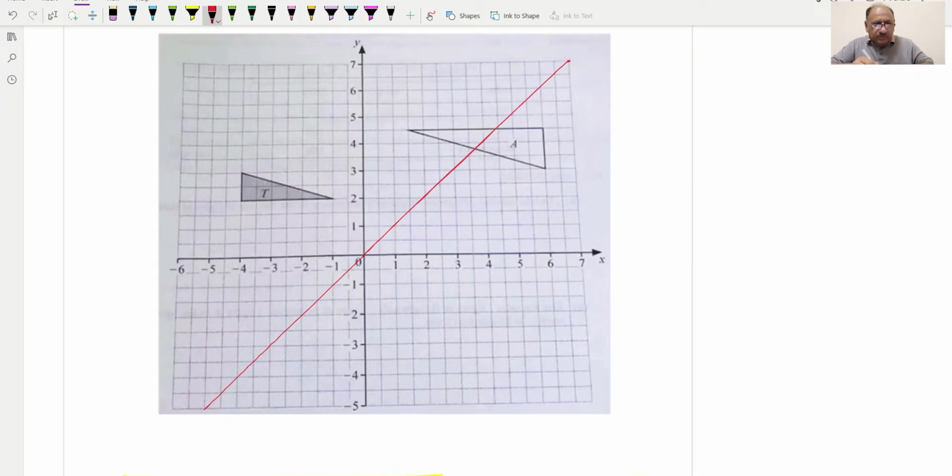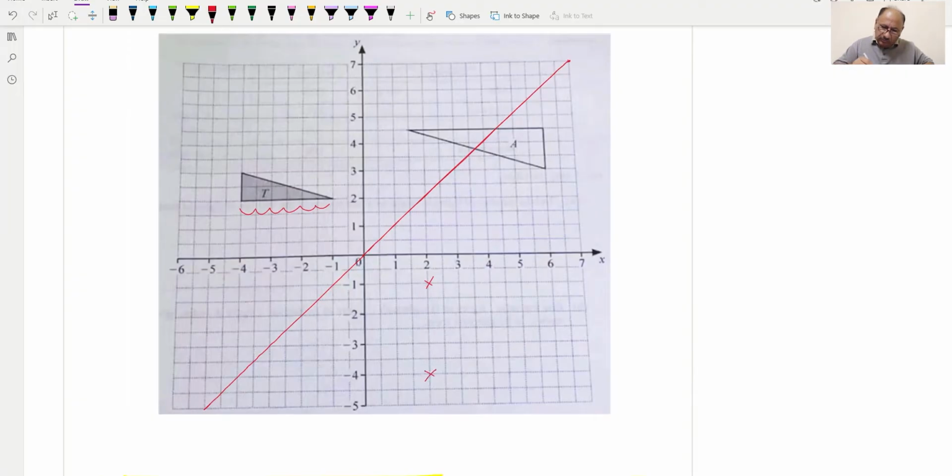So T we can check from here. This is the line, and it is 3 units diagonal wise. So 1, 2, and 3 units we can reach here, and we can say this is one vertex, and the other vertex we can also check, which is 1, 2, 3, 4, 5, 6 units.